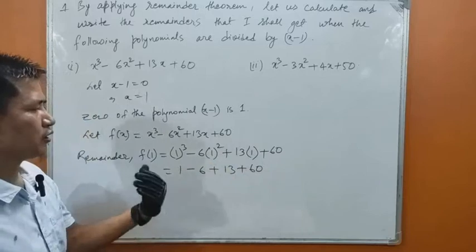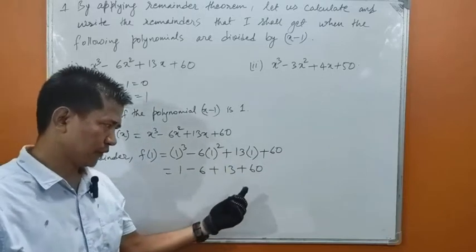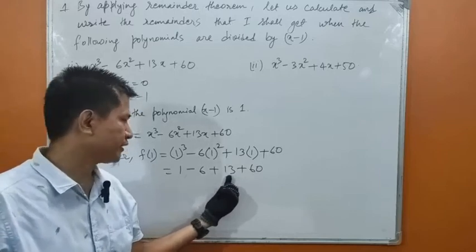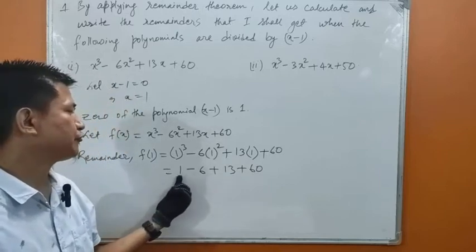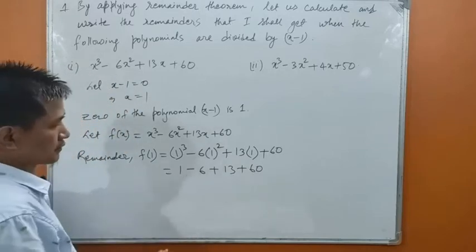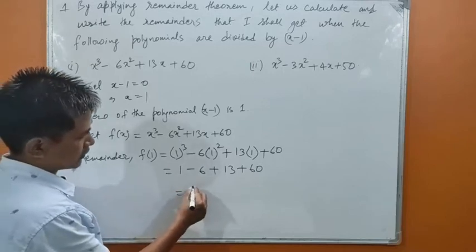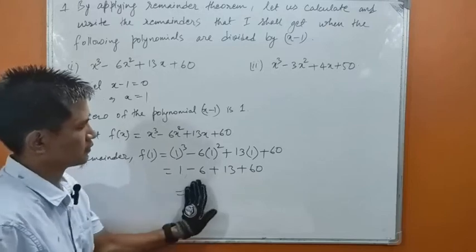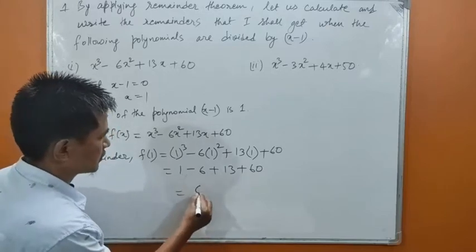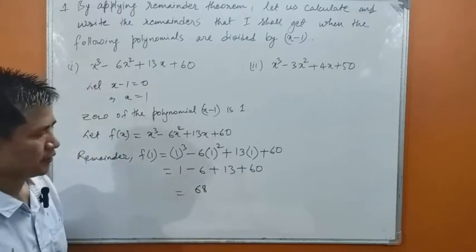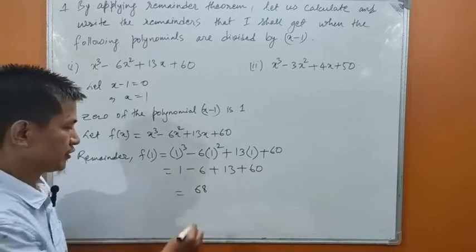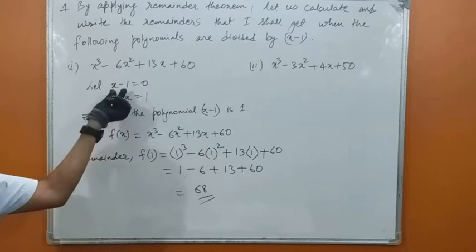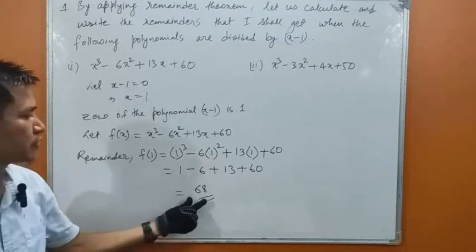We add up all the positive numbers and subtract the negative one. 60 plus 13 is 73, 73 plus 1 is 74, 74 minus 6 is 68. So when this expression is divided by x minus 1, the remainder will be 68.